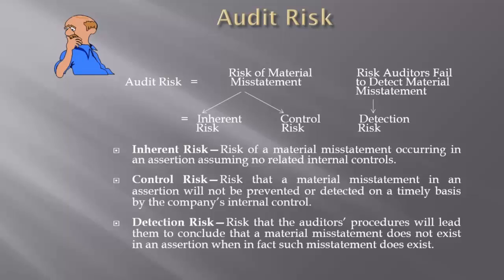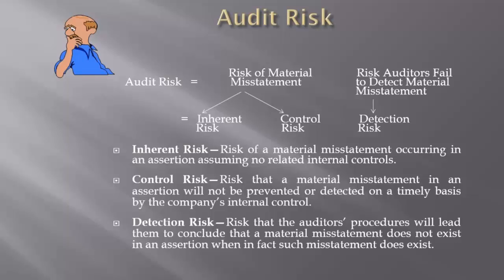Control risk essentially is an expression of the level of control that management has in place to prevent or detect on a timely basis the things that could go wrong. So we're talking about the internal control structure within the organization. So if the organization has a very strong control framework, then the control risk is very low.